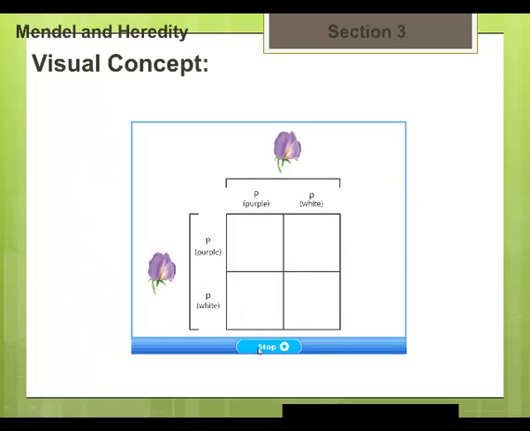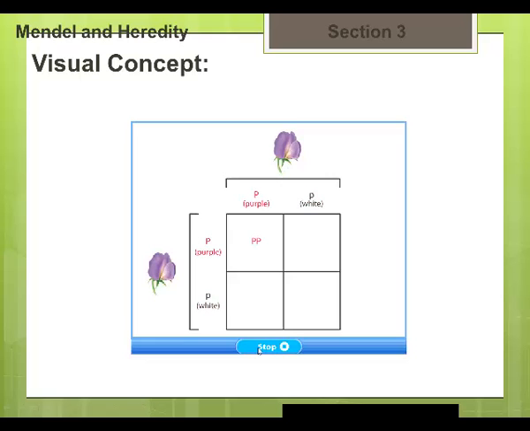Biologists use a diagram called a Punnett square to aid them in predicting the probability that certain traits will be inherited by offspring. In this diagram, the dominant trait, purple petal color, is represented by a capital P, and the recessive trait, white petal color, is represented by a lowercase p.